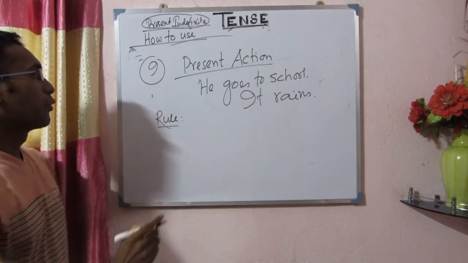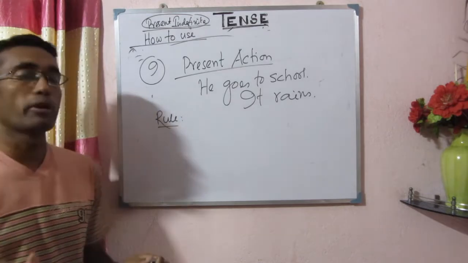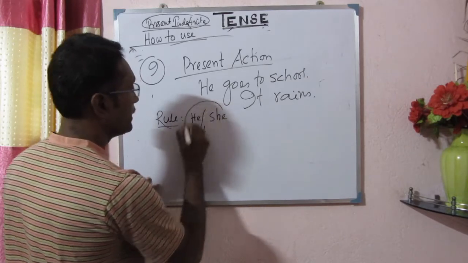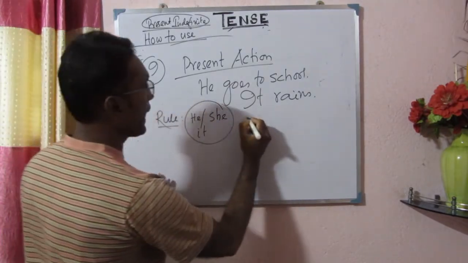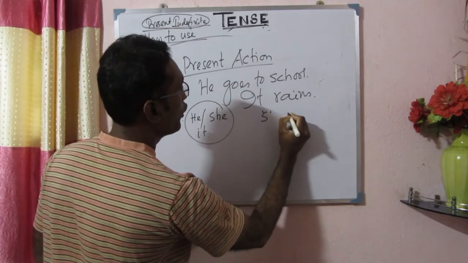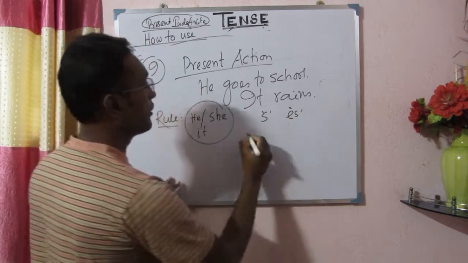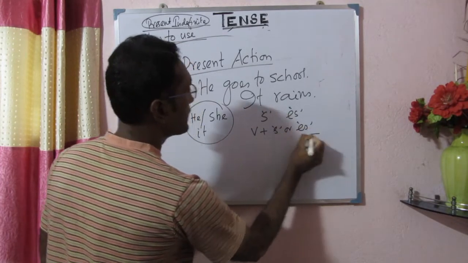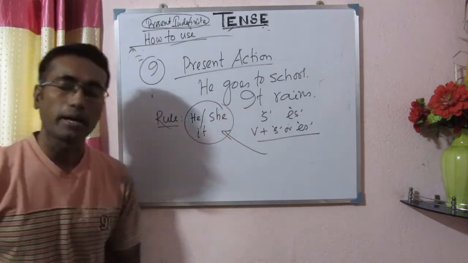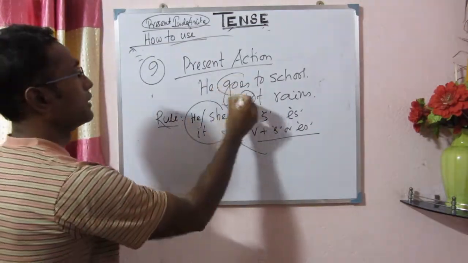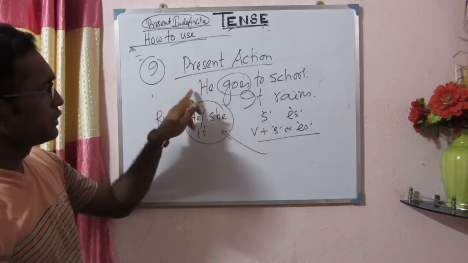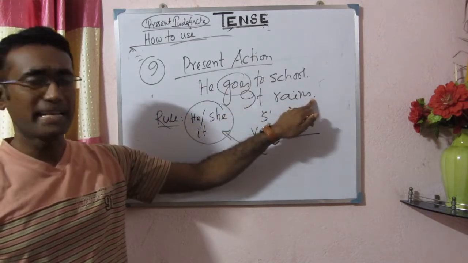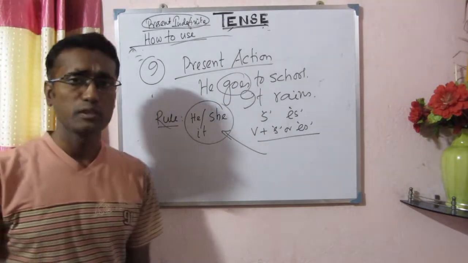The rule is when the subject is in third person singular number, he, she, it, then you have to add s or es with the verb. So verb plus s or es when your subject is in third person singular number. Here the main verb is go, and this is your third person singular number. The main verb is rain, so I have to use s with it. It rains. He goes. So this is the rule.